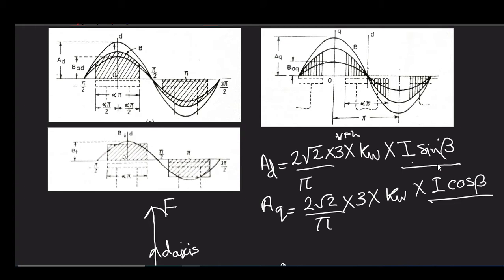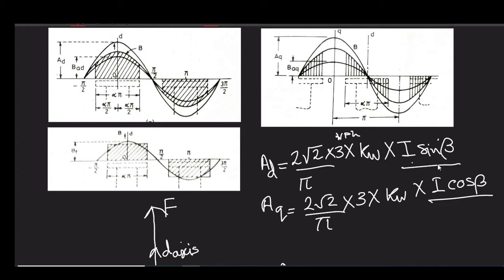So we will never be able to address that directly. To cope with that, it's a very simple thing: we have expressed it into different orthogonal components. One is along our direct axis or field axis, as you can see, AD, and the other one is AQ.